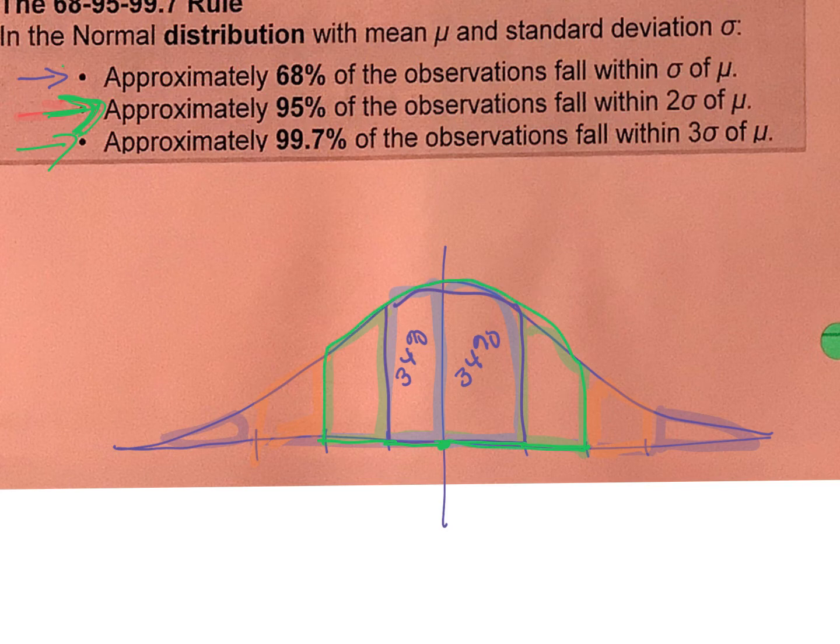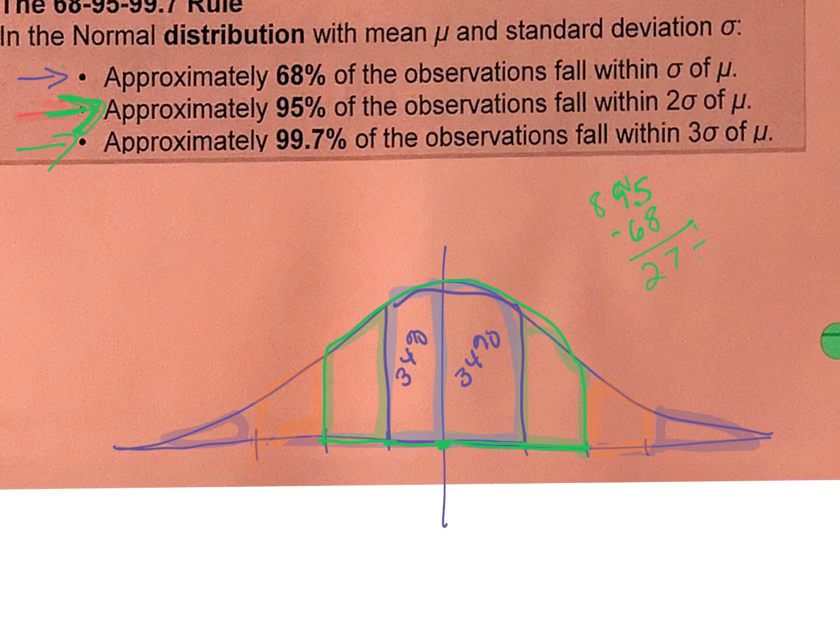And if that whole amount is 95%, but the blue amount is 34%, to figure out the green amount, we need to subtract those 2. So 95 minus 68, if we do the math here, we find that these green sections have to equal, the 2 sections together have to equal 27%.